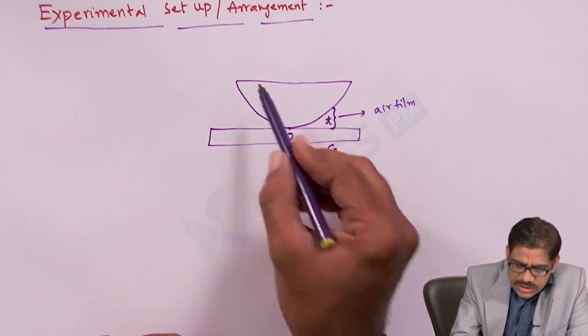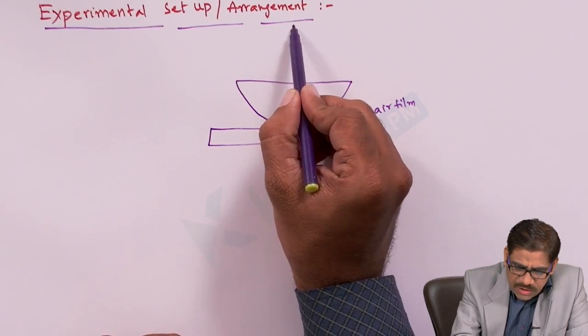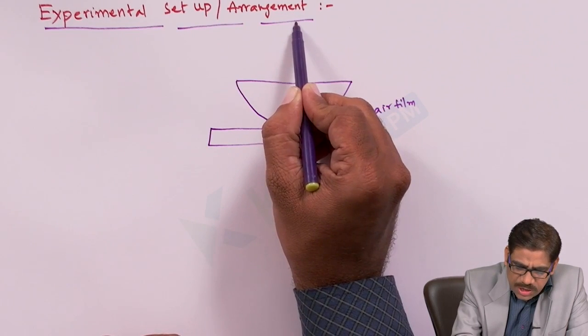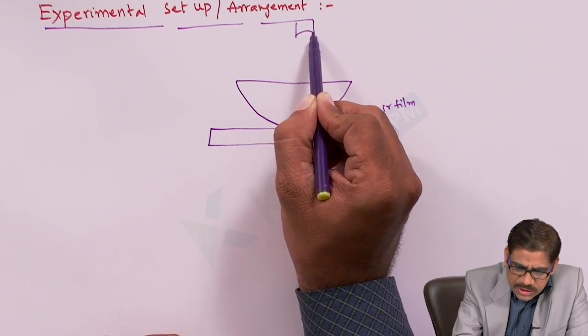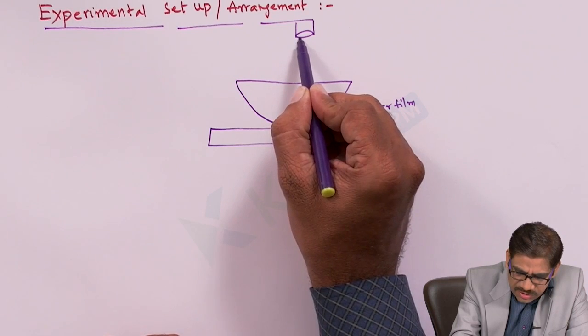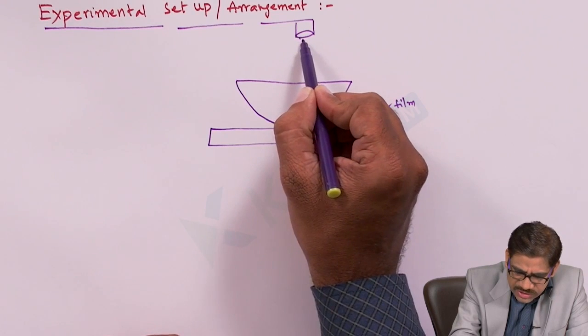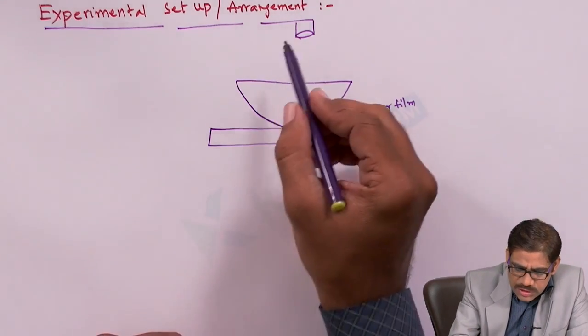Now, in this case, what we see here, we have a source of light coming out from here. This is the source of light. This source of light is incident normally onto this plano convex surface.